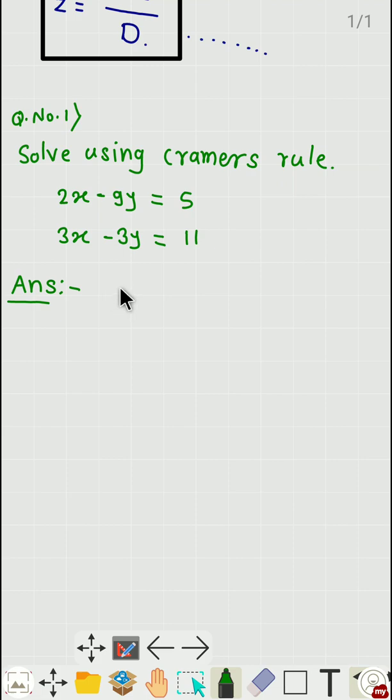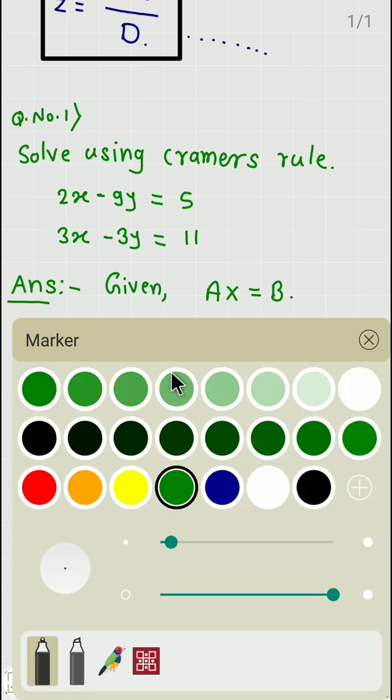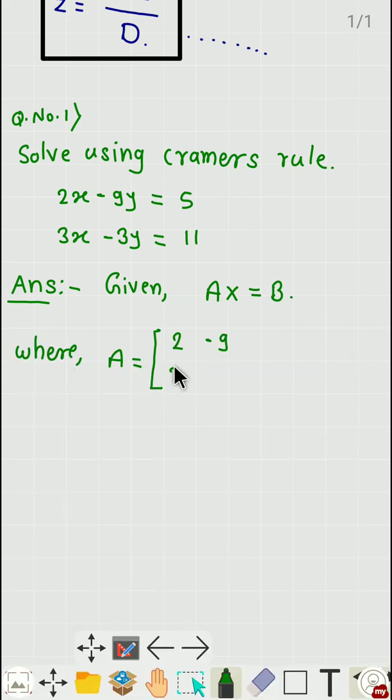First of all, we write the given system of linear equations in the matrix form Ax equal to b, where matrix A is a 2 by 2 coefficient matrix: 2, minus 9, 3, minus 3. So this is matrix A.